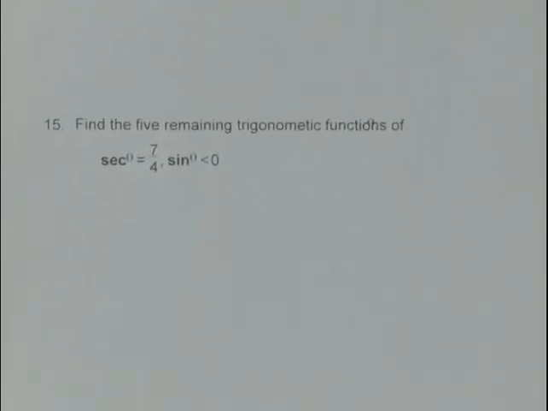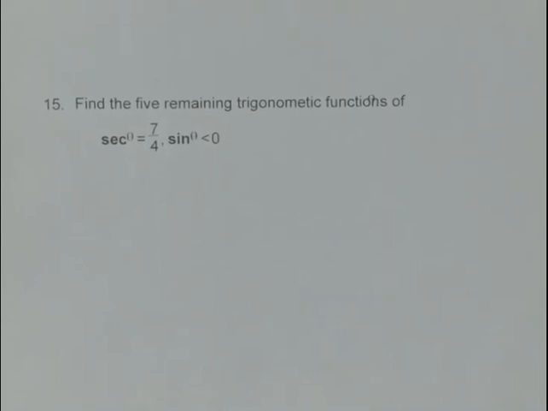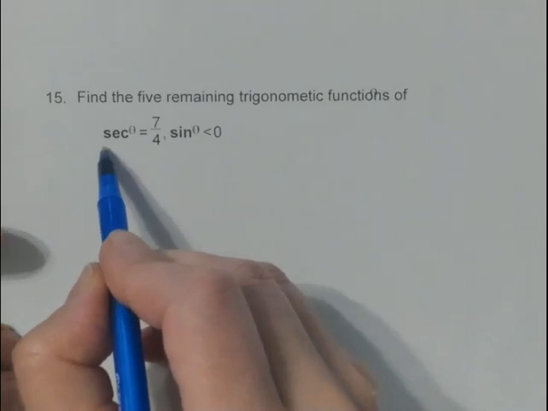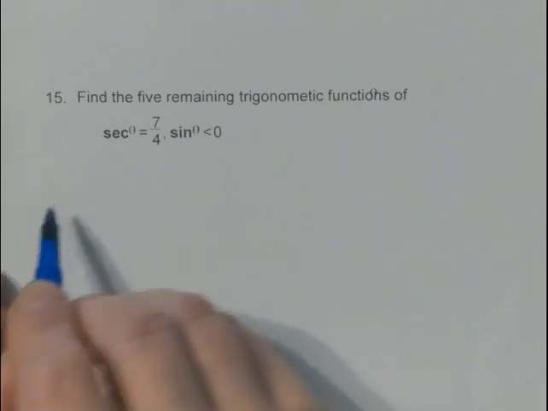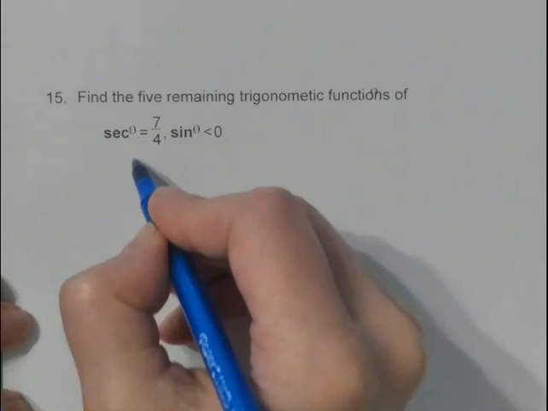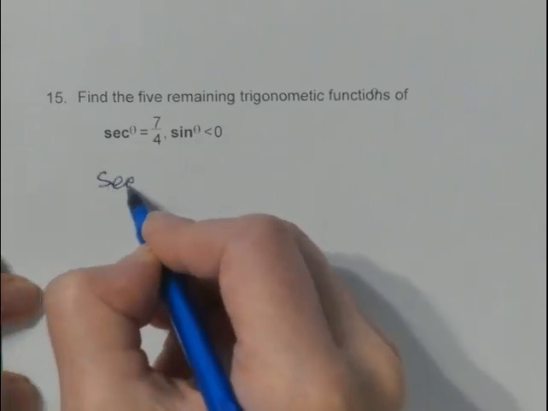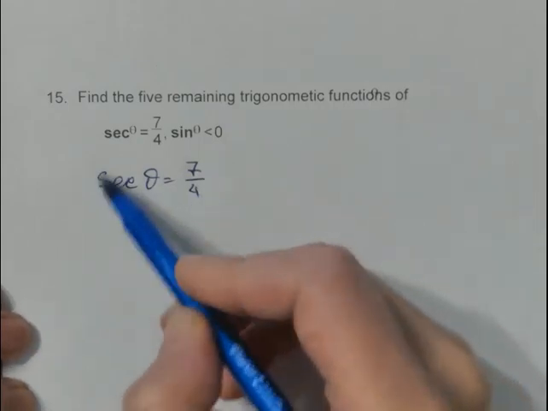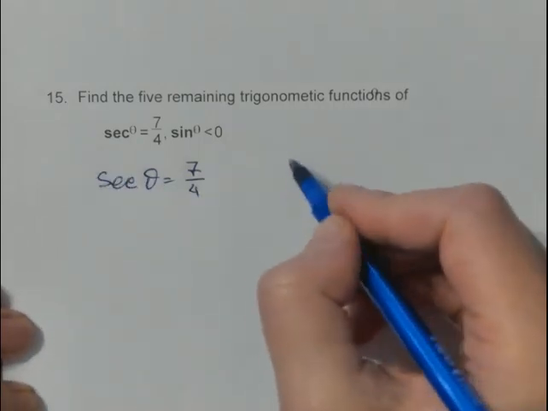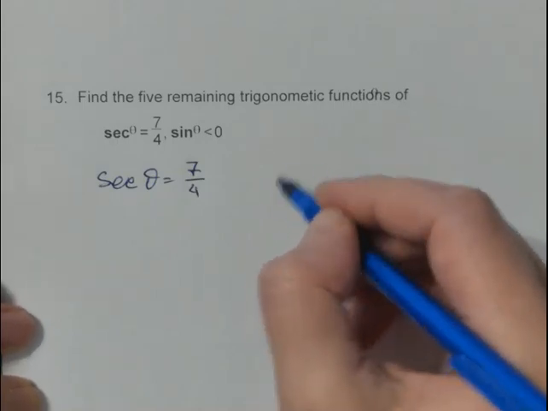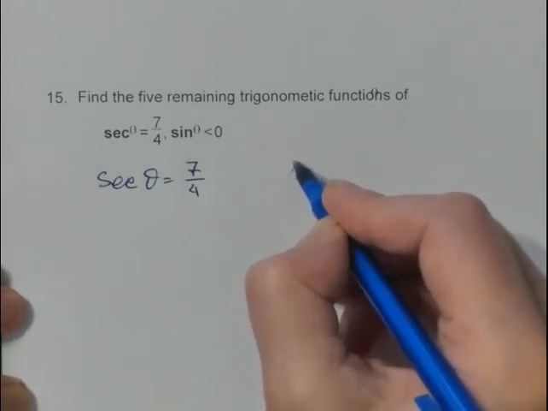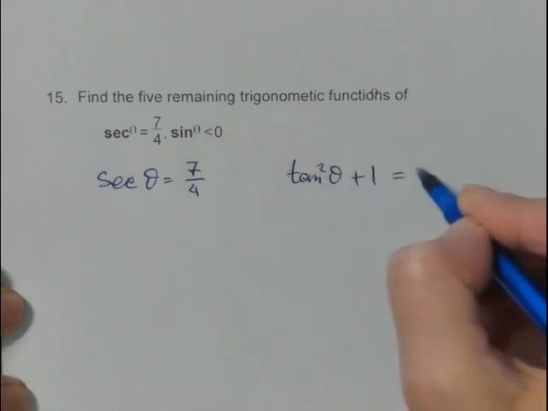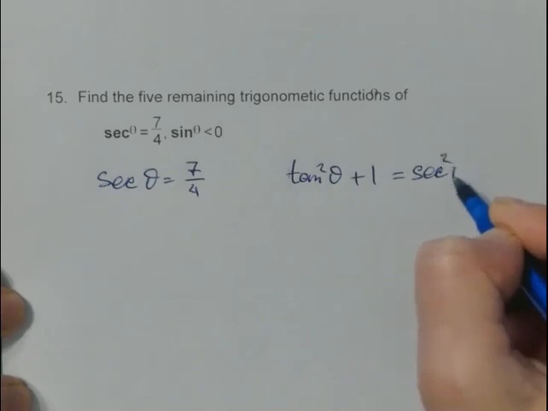Find the 5 remaining trigonometric functions. So if you are given secant of theta equals 7 over 4, we have a very convenient formula to start with: tangent squared theta plus 1 equals secant squared theta.